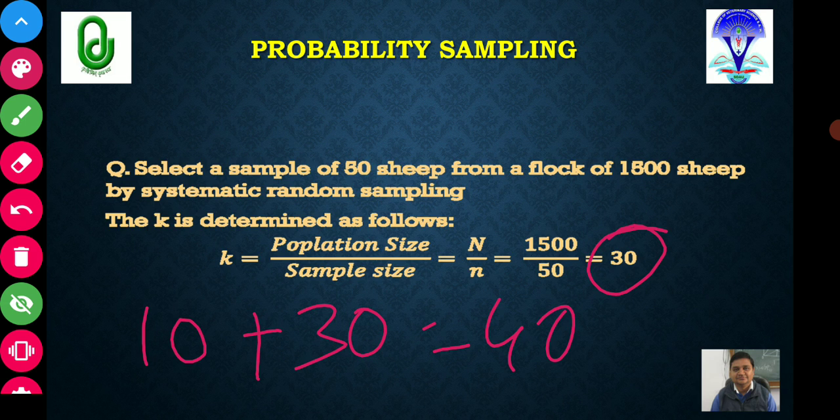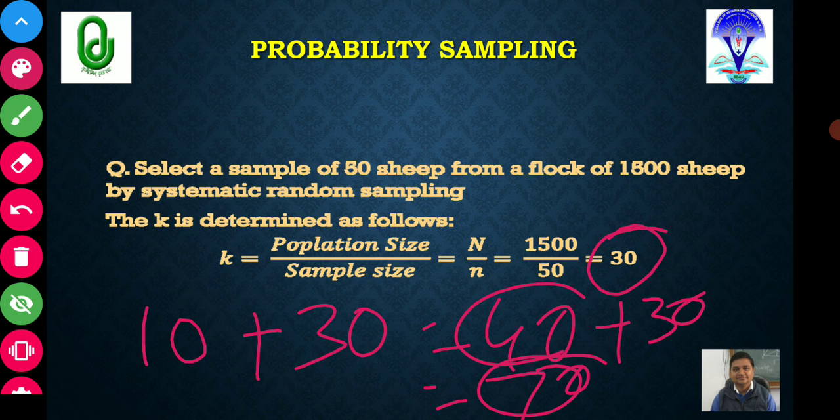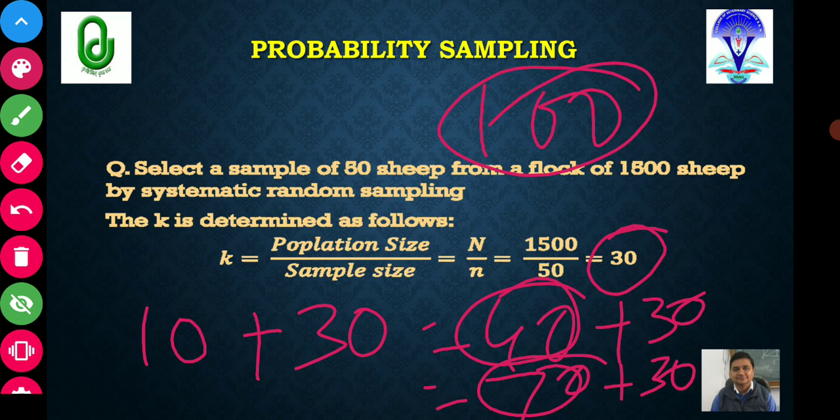Another sheep that I will select is 40 plus 30, which is the 70th sheep. Another sheep will be 70 plus 30, the 100th sheep. So like that I will be selecting a total of 50 sheep.